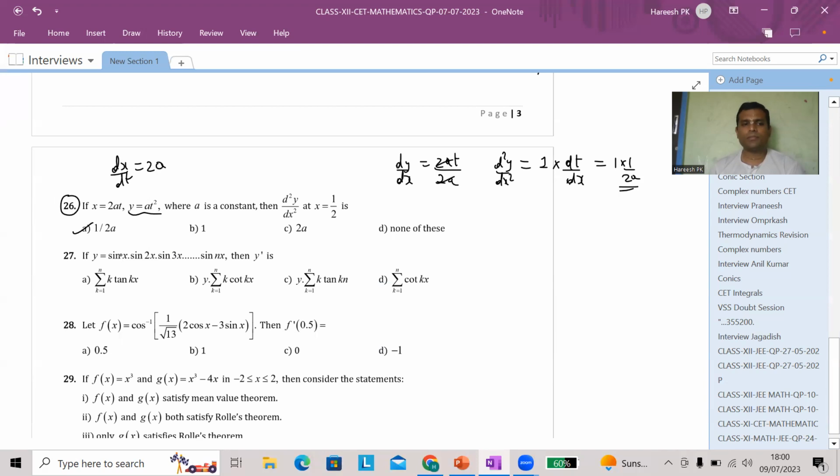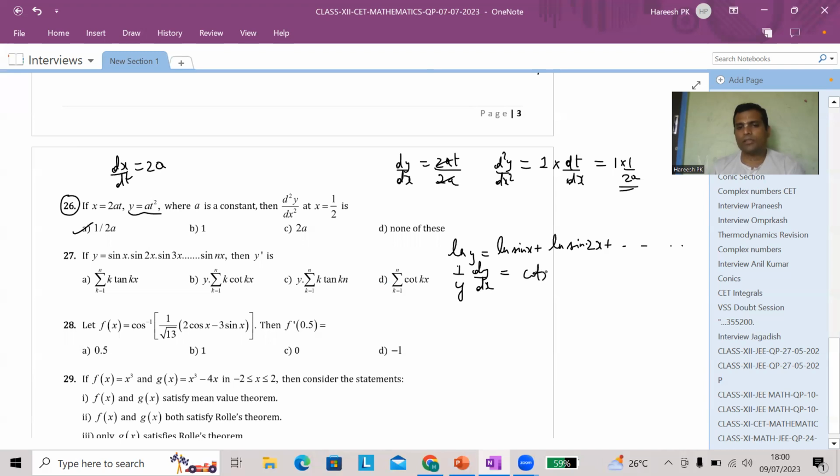27th question. Whenever we have product of several terms, we have to take log on both sides. So ln y equals ln sin x plus ln sin 2x, and so on. Now when you take log on both sides, you get 1 by y dy by dx is equal to 1 by sin x into derivative of sin, which is cos, right?